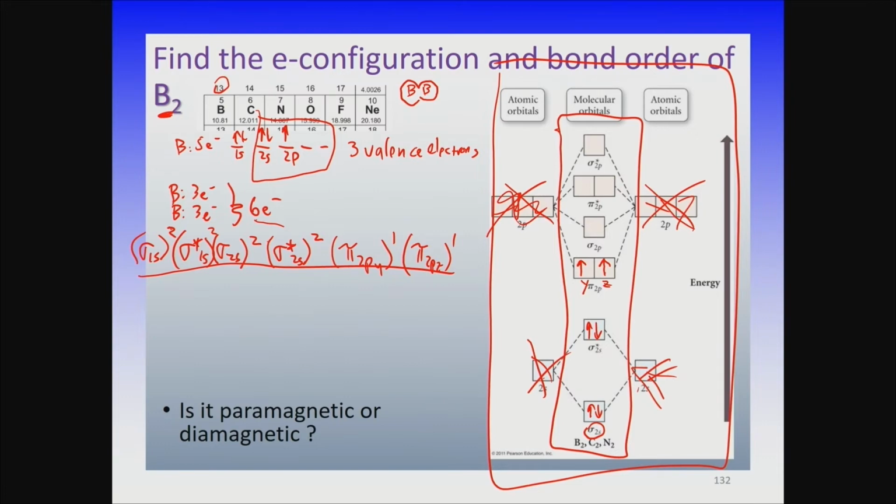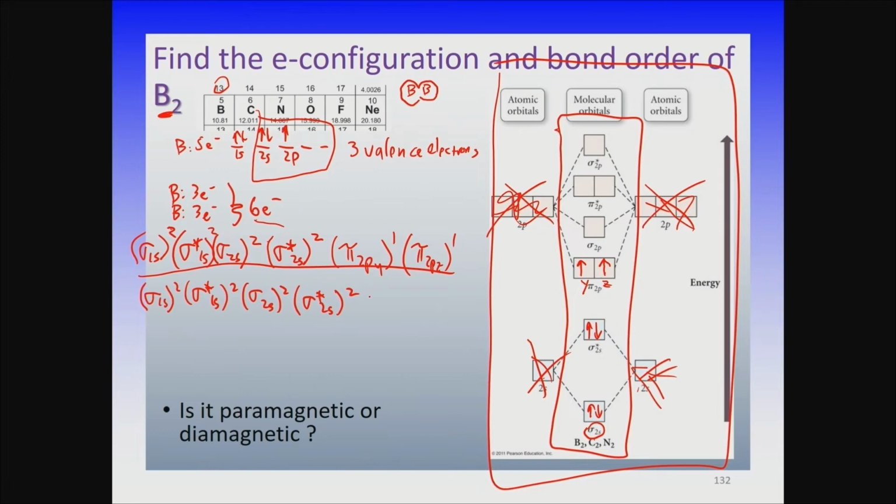Now let me show you another way to write this. You write it starting out in the same way: sigma 1s 2, then sigma star 1s 2, then sigma 2s 2, and then sigma star 2s 2.